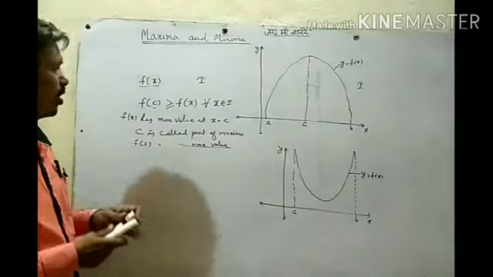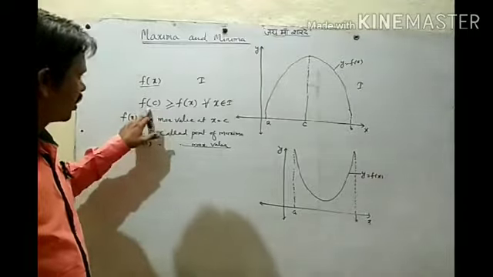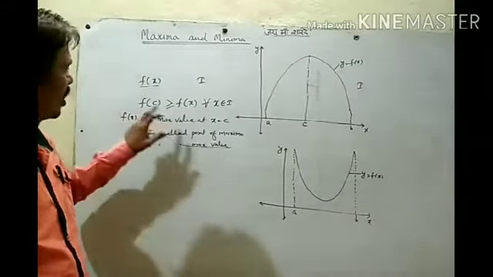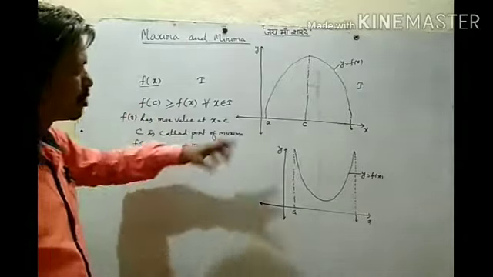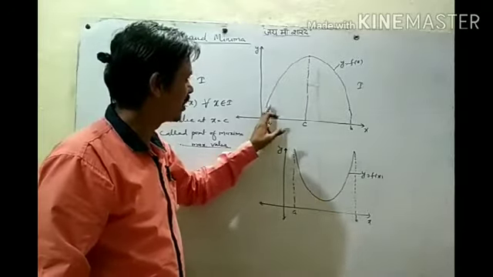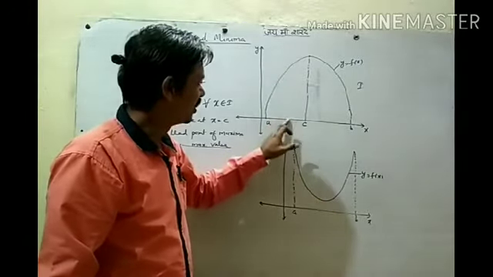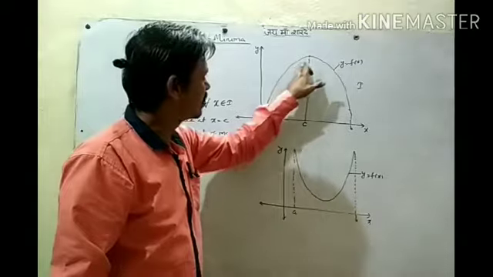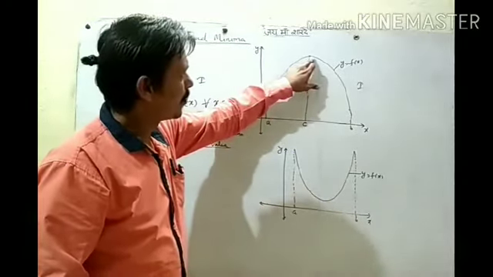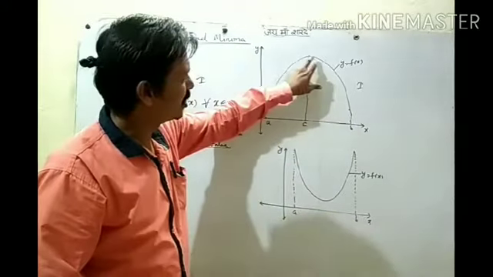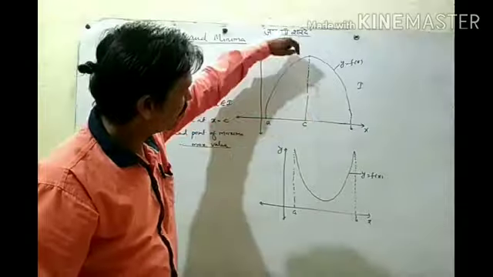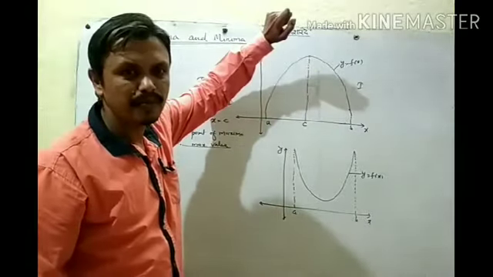Okay, if f of c is more than or equal to f of x for all x belongs to I, then we are finding the value of f of x at this point, here, here. These values of f of x are less than this value. So for all x, the value of f of x at c is the maximum.